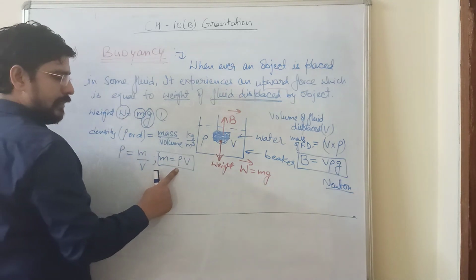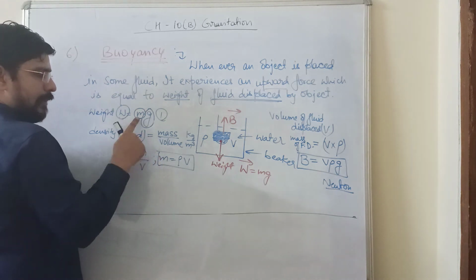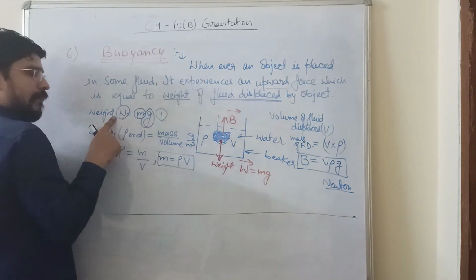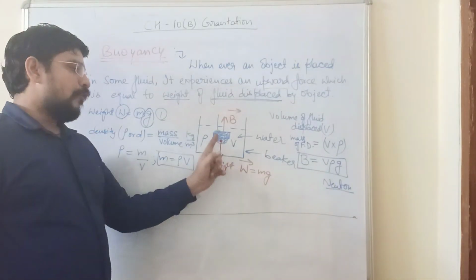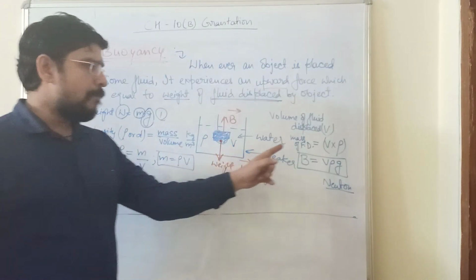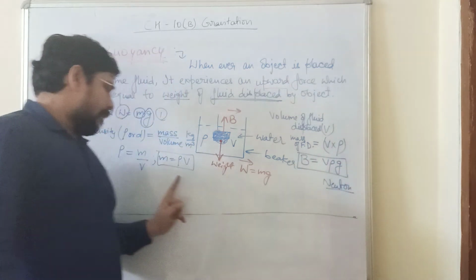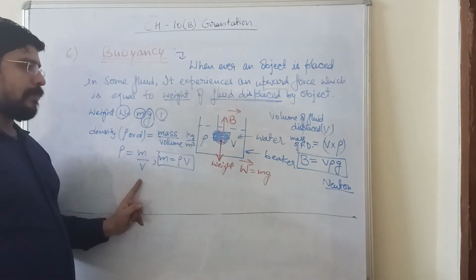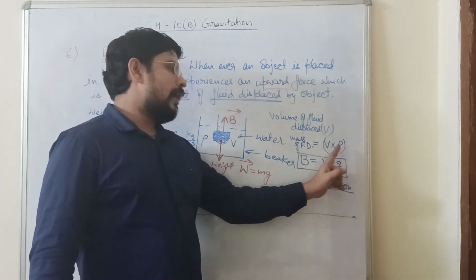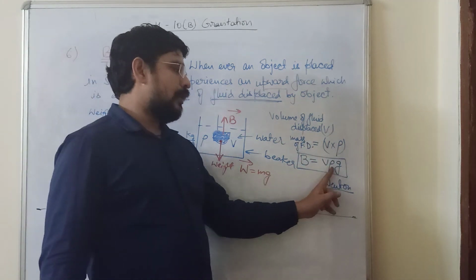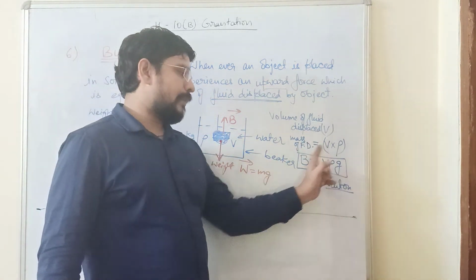If I multiply density by volume, I get mass. If I multiply mass by acceleration due to gravity, I get weight. So for finding the weight of liquid displaced, first I found the mass of fluid displaced, which is volume into density, because density is equal to mass by volume. So my mass of liquid displaced is V into rho, and when I multiply this mass V rho by g, I get the weight of fluid displaced.